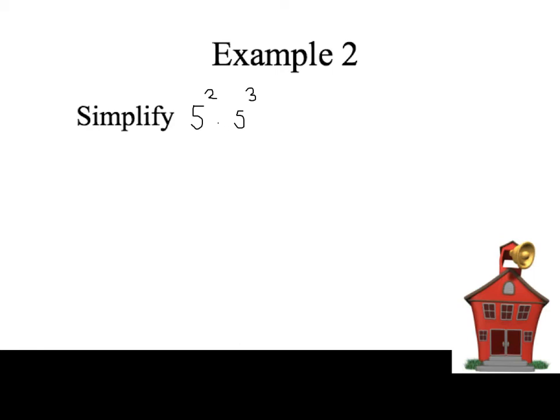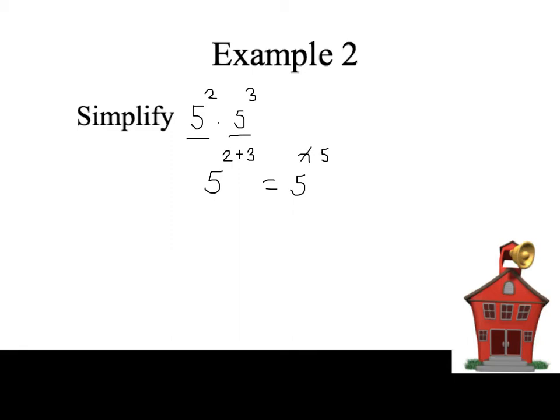In example 2, we're asked to simplify this expression. So once again, we notice we have a power times a power. They have the same bases. So this is a situation where, once again, we'll add our exponents. So this is equal to 5 to the 7th power, sorry, 2 plus 3 isn't 7, guys. 2 plus 3 is 5.